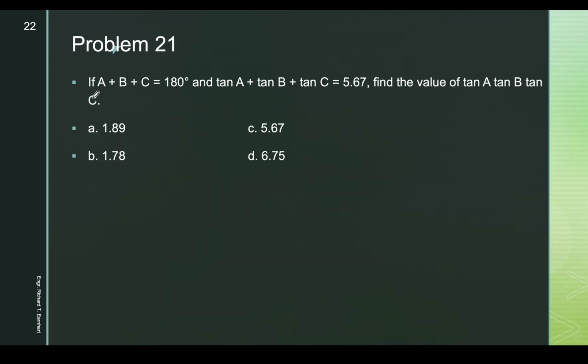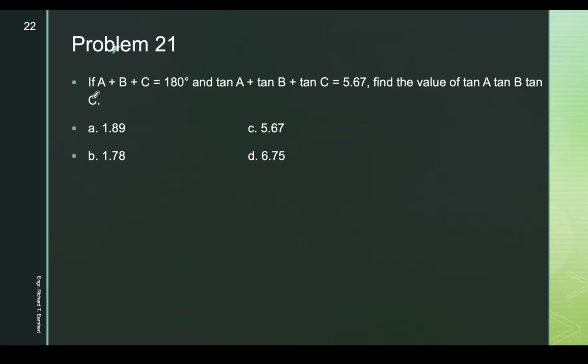That's problem 21. If A plus B plus C equals 180 degrees, then the sum tangent A, tangent B, tangent C is equal to 5.67.